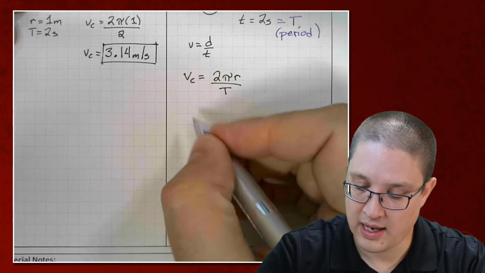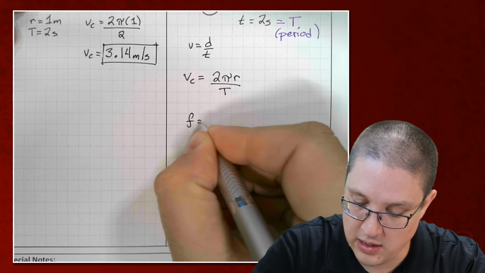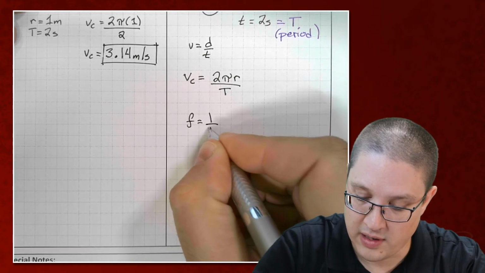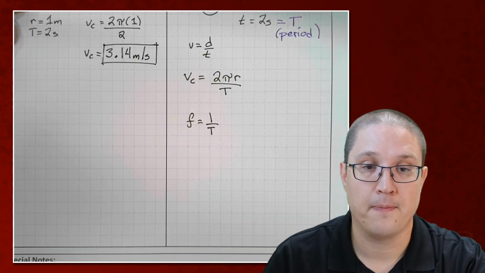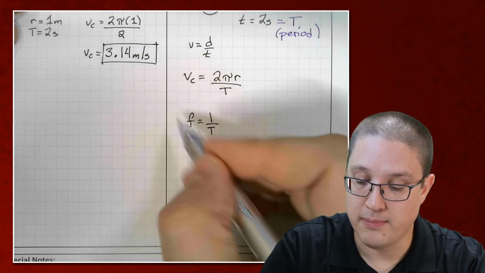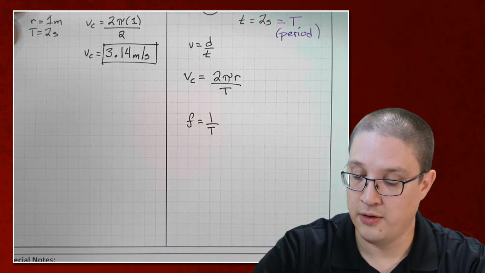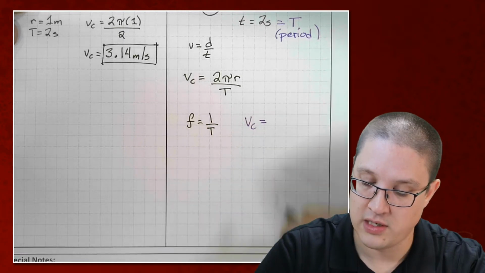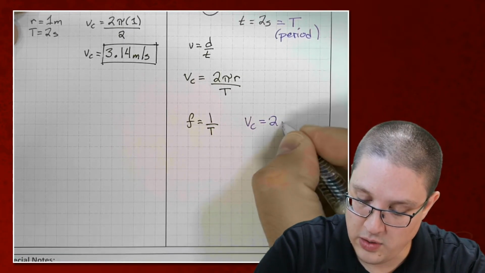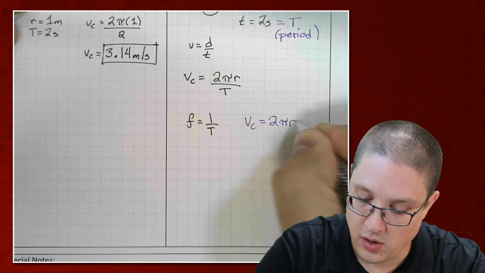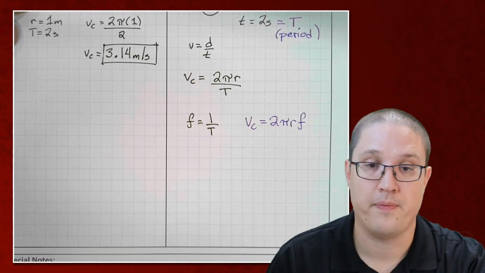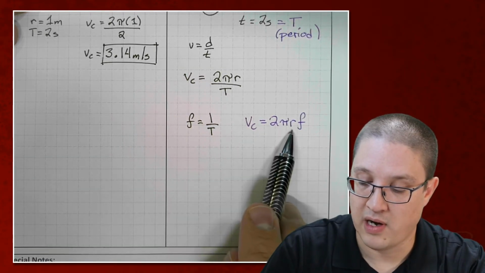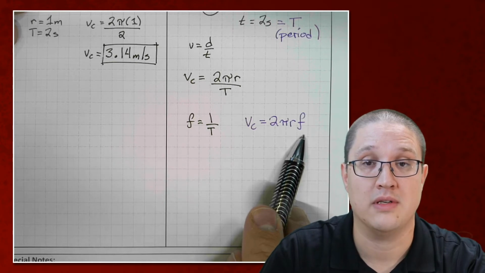So if I say my frequency is 1 divided by period, I can combine these two here and get another version of this. So my circular velocity formula is 2 pi r f, or 2 times pi times the radius times the frequency.